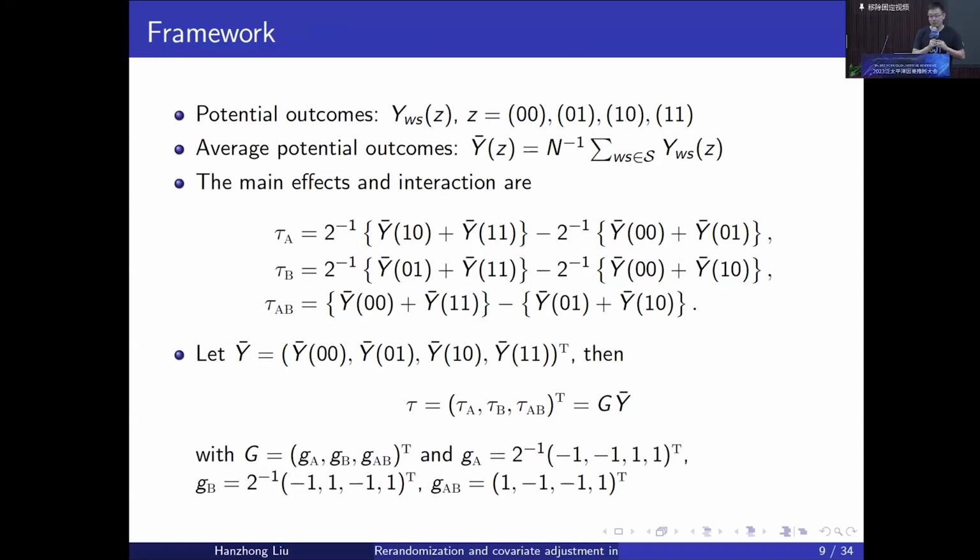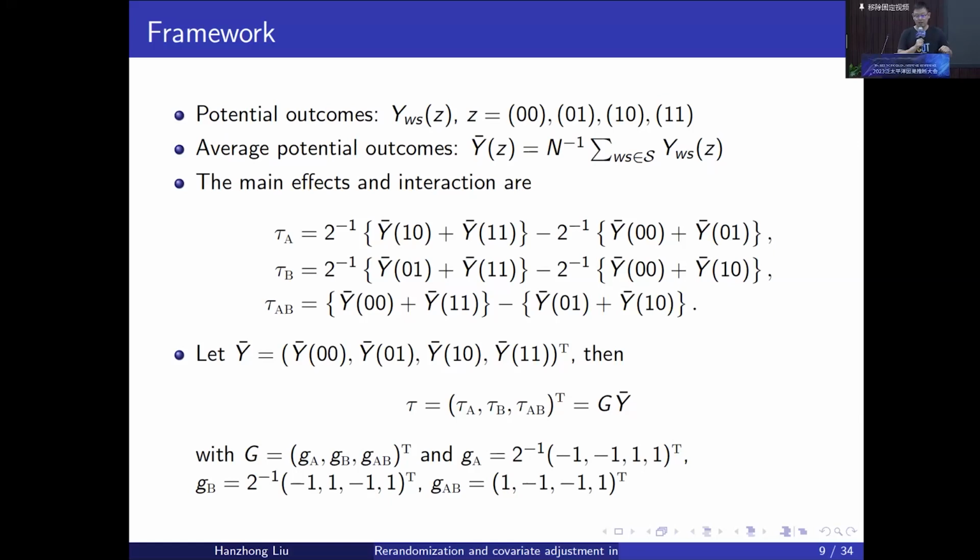For example, the main effect of factor A is defined as the mean of the average potential outcomes with A equals 1 minus the mean of the average potential outcomes with A equals 0. Similarly, we can define the main effect of factor B and also the interaction tau_AB.